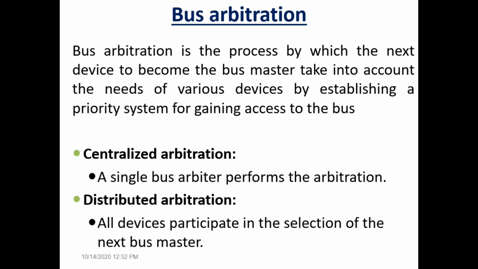Centralized arbitration is very simple, where somebody called the bus arbiter takes care of bus arbitration. In distributed arbitration, every device participates in the arbitration and all devices together execute the arbitration process. Here there is no single bus arbiter.